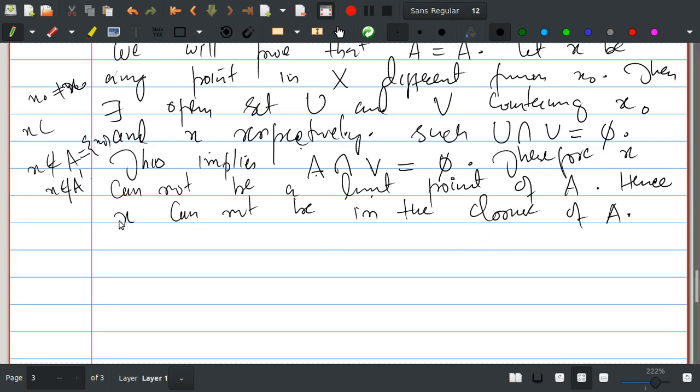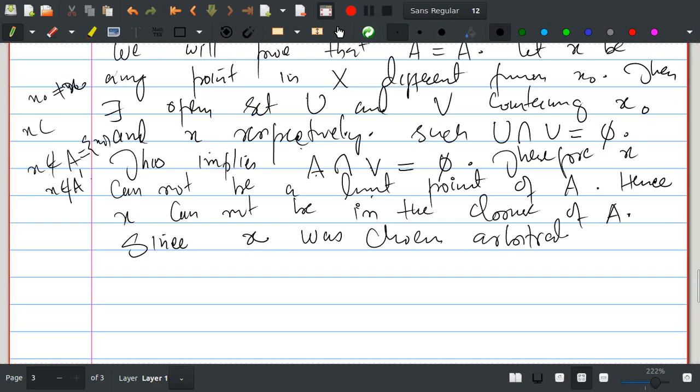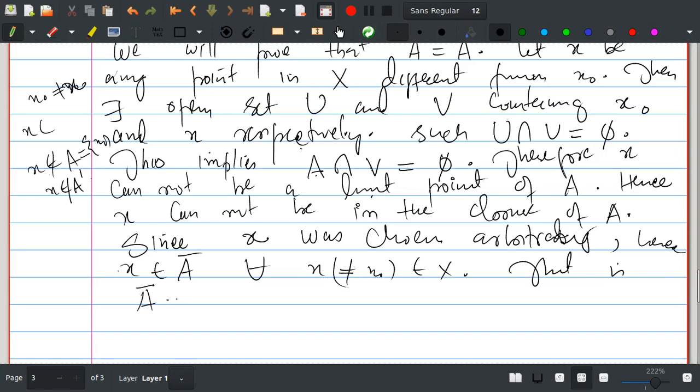Now this x was chosen arbitrarily. That means no point in X other than x naught can be in the closure of A. So since x was chosen arbitrarily, x cannot be in the closure of A for all x not equal to x naught in X. That is, the closure of A is A itself, because A prime is empty.